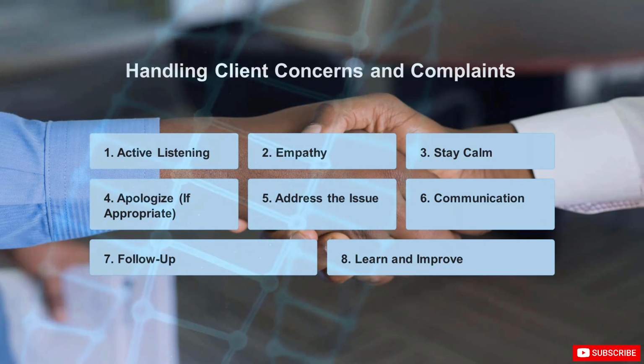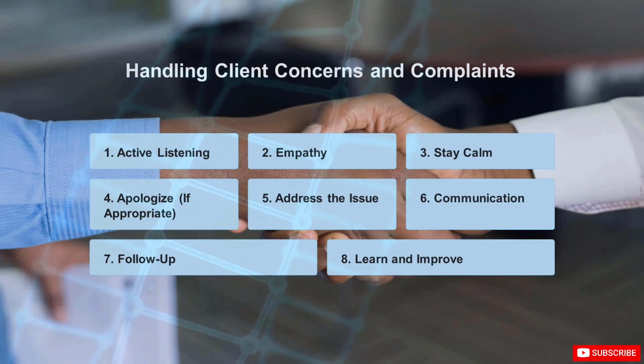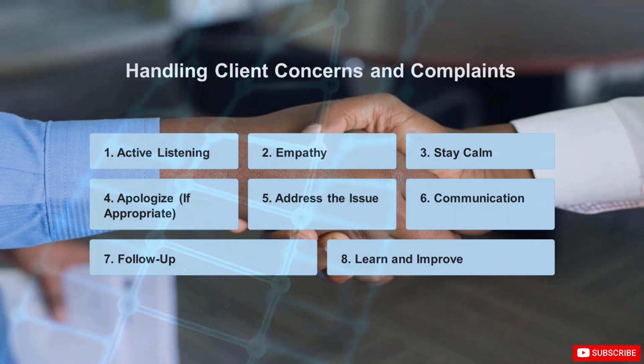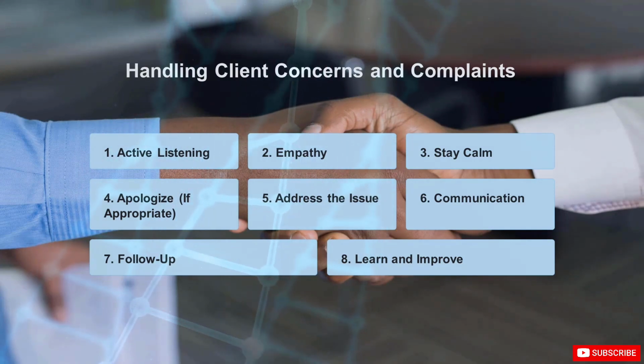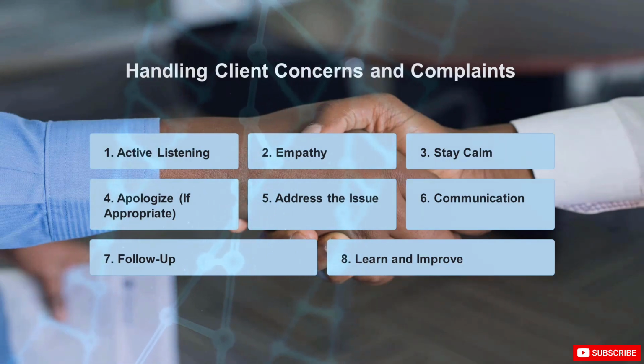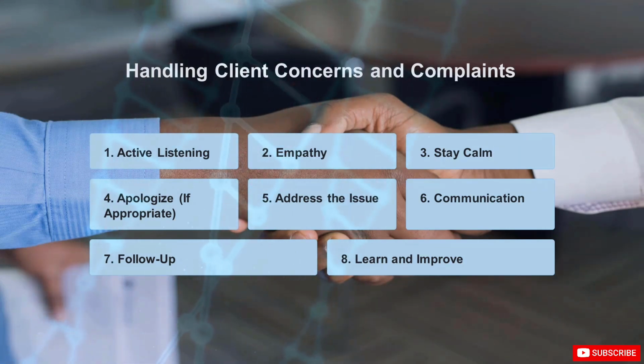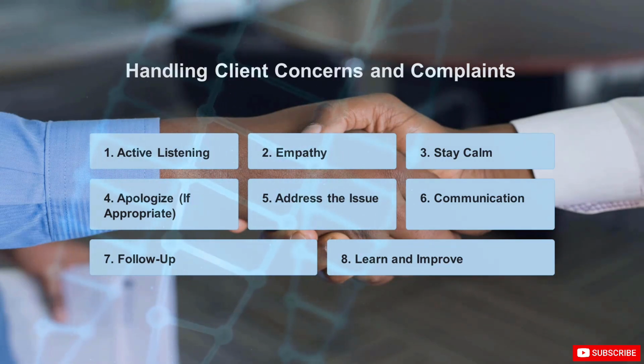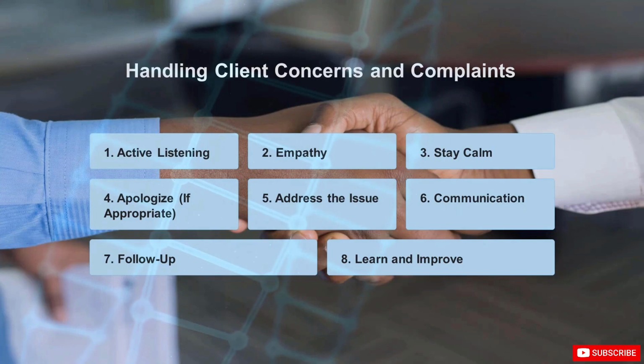Follow-up. After resolving the concern, follow up with the client to ensure their satisfaction and well-being. 8. Learn and improve. Use client feedback as an opportunity to learn and improve the quality of service. Handling concerns and complaints promptly and professionally can turn a negative experience into a positive one, fostering client loyalty and trust.